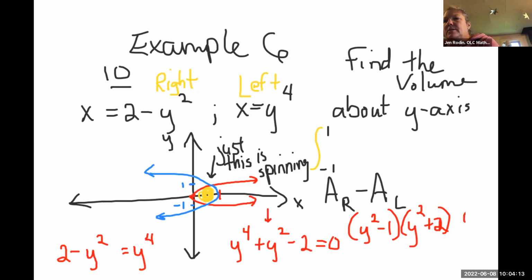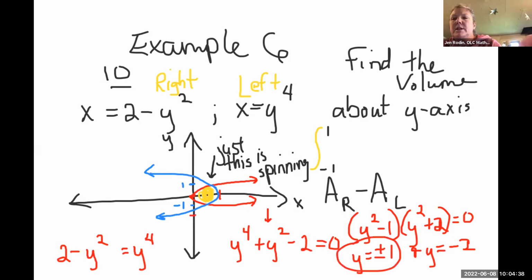So if we set each of those equal to 0, y squared equals 1, so y equals plus or minus 1, and y squared equals -2. And that's irrelevant for our picture, so we don't go outside of there. So we're just going to use negative 1 and positive 1. And that's why I stuck those there. So those are the y limits of integration.